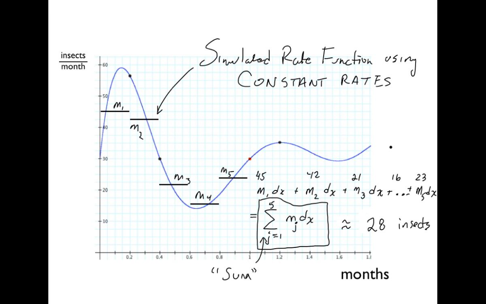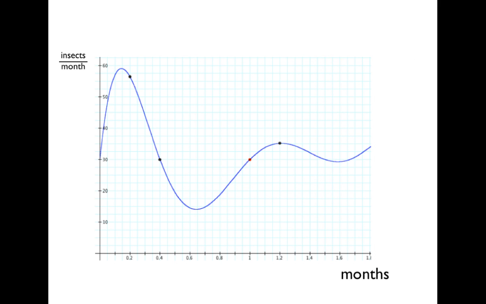Okay, so another way to make the pretend function. The way we made the pretend function here, we just did our best at eyeballing: what is kind of the middle rate of change or the average rate of change for that interval? So another way to do this is to just use the actual rate on the left side of every interval.